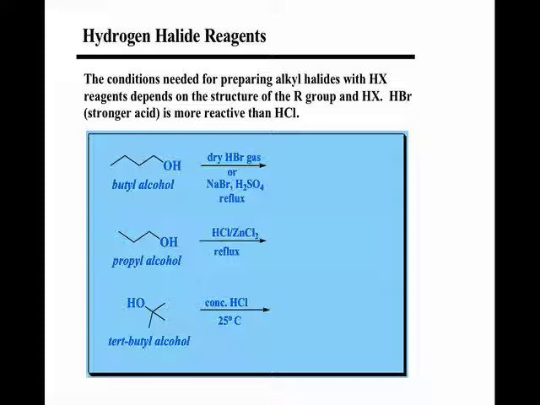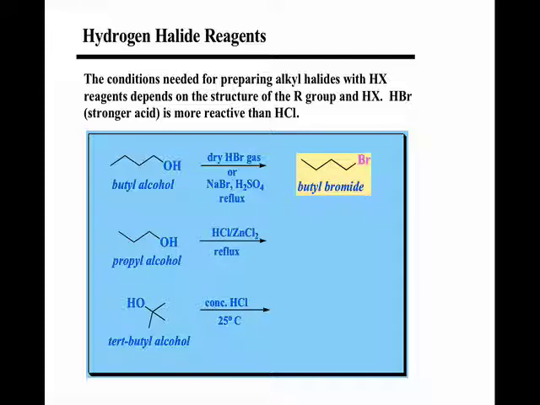Let's suppose we take butyl alcohol and we react it with HBr gas, hydrogen bromide. What's going to be the product of that transformation? What are we going to get? We're going to get butyl bromide, right? We are going to end up with butyl bromide.